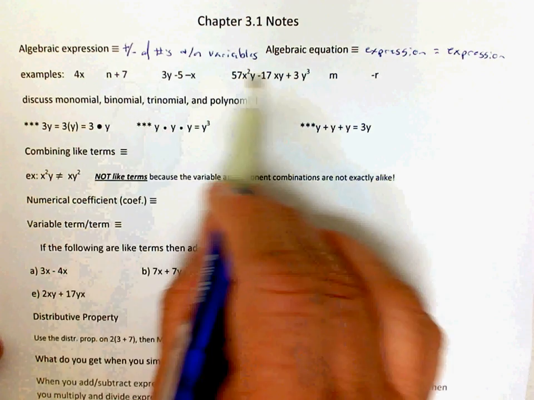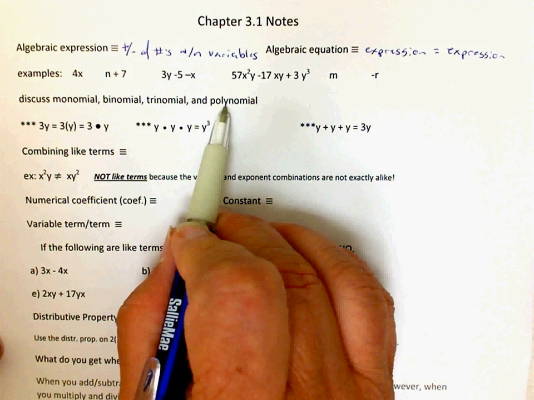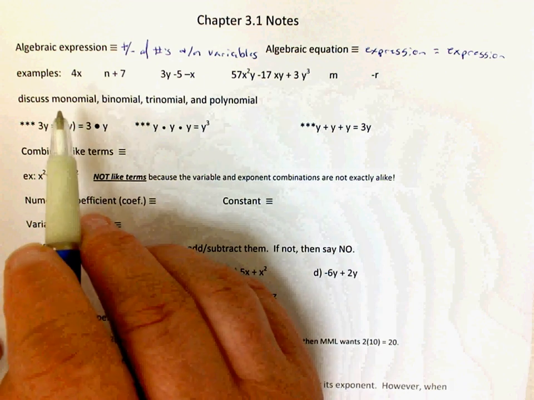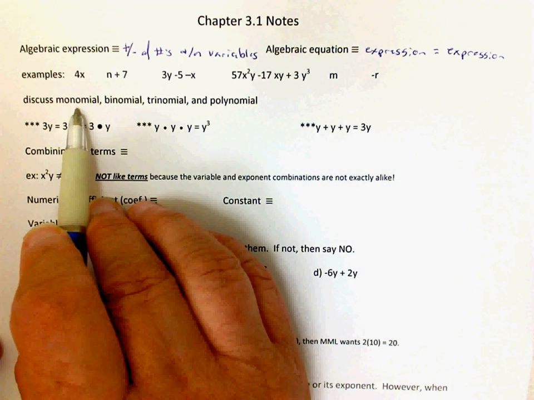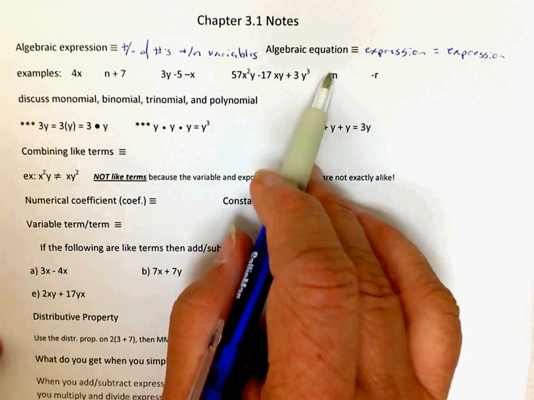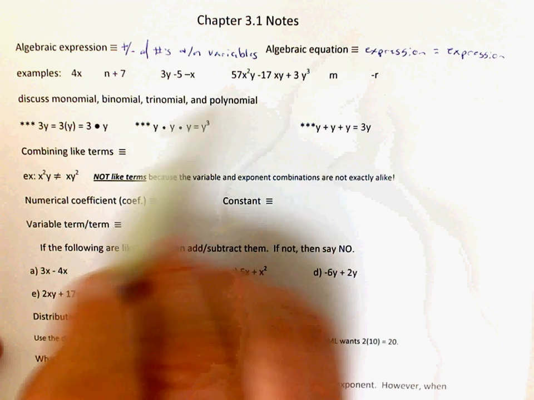So all of these are called polynomials. Poly means many, and nomial means terms. A monomial is one term, just like 4x, m, the negative r. All of these are one term.